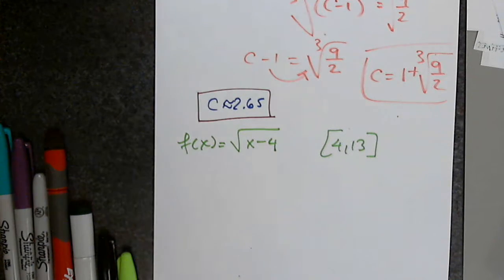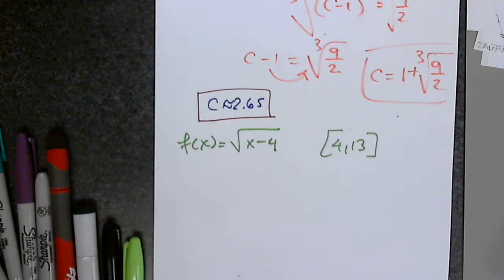Okay, so what is my starting point? I'm asked to use the mean value theorem, and I'm asked to find the C guaranteed by the mean value theorem. What do I have to do first?